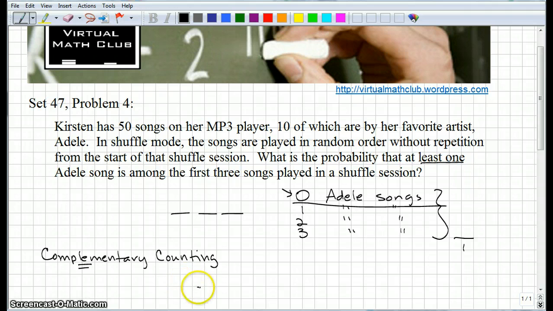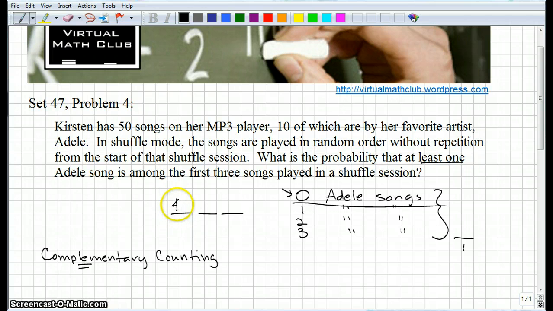All right. So let's look at these 3 slots that we could put songs into, and figure out how many ways there are to choose no Adele songs. She's got 50 songs on her MP3 player, 10 of which are Adele, so she has 40 songs that are not Adele songs.